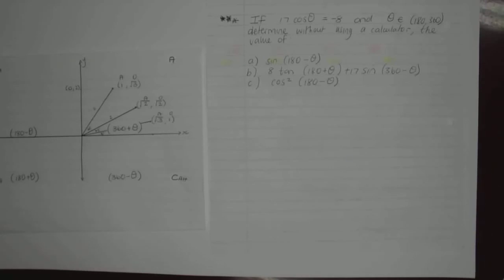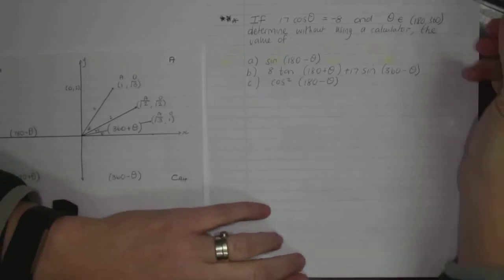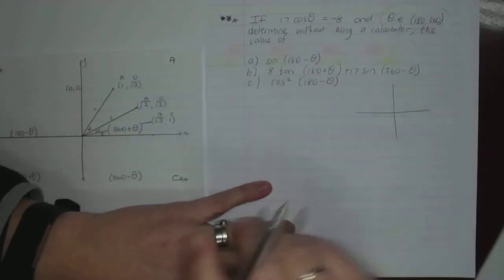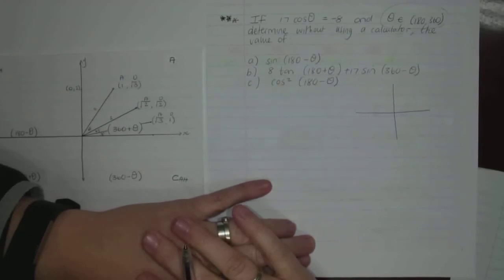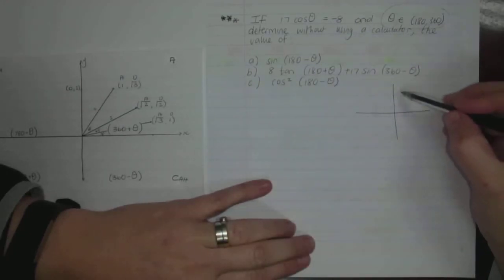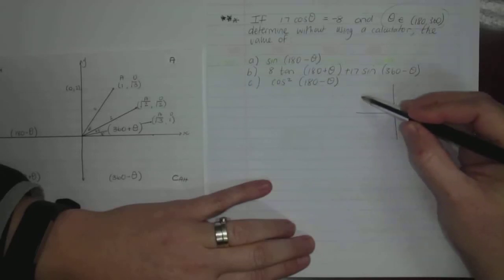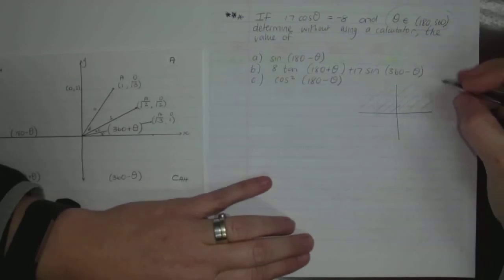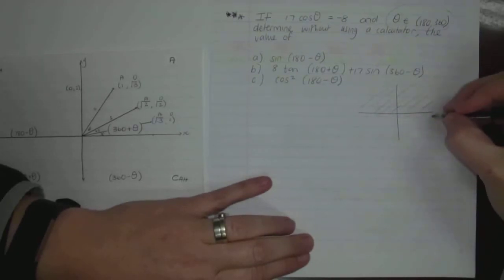So I have to go from cos to sine, which means cos is adjacent over hypotenuse, sine is opposite over hypotenuse. I need a Cartesian plane. Why did they also give that to me? They hinted to me that I will have to draw a Cartesian plane. First of all, theta is not allowed to be between 0 and 180. It's only allowed to be between 180 and 360.